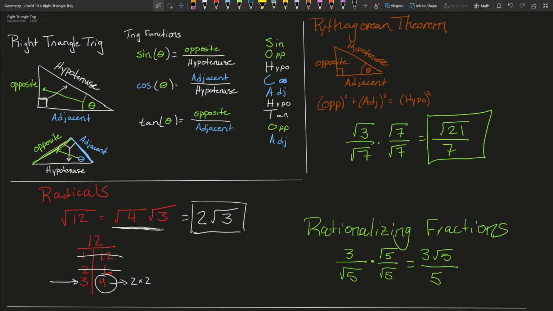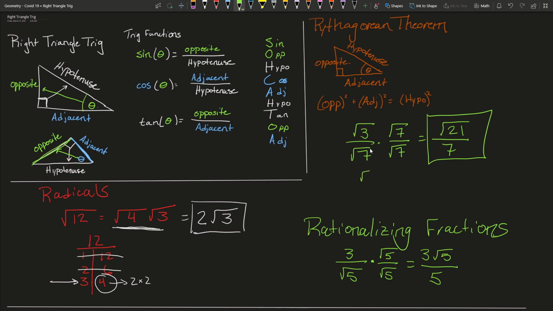So why did the 7 stay 7 again instead of going to 49? When you multiply a square root by itself, like square root of 3 times square root of 3, or in this case, square root of 7 times square root of 7, those square roots just cancel each other out, and you get 7.